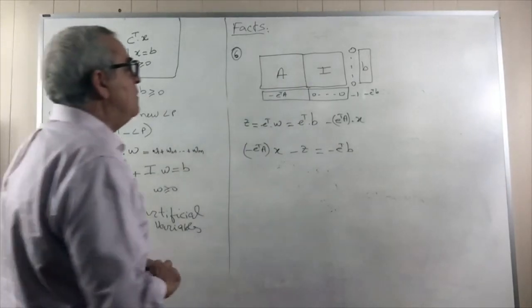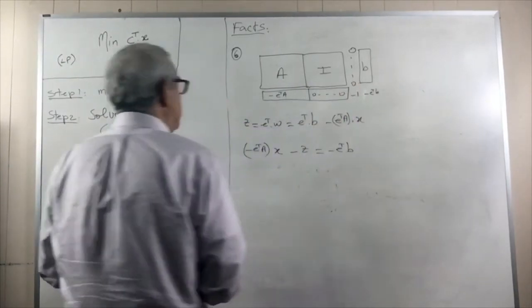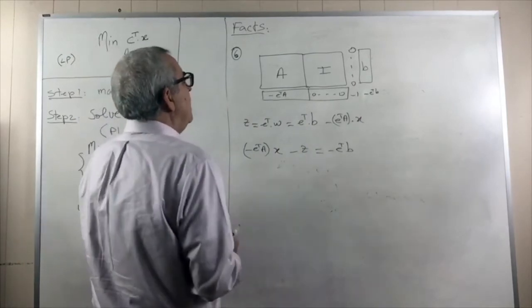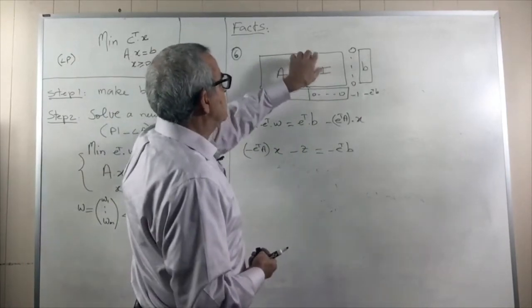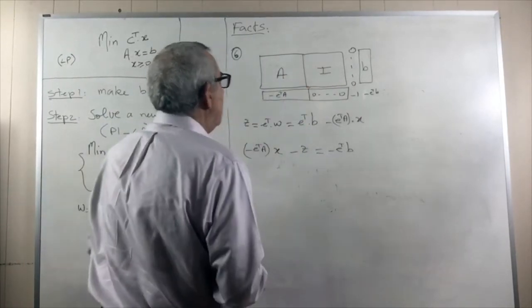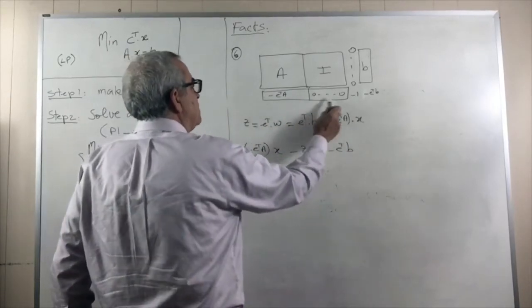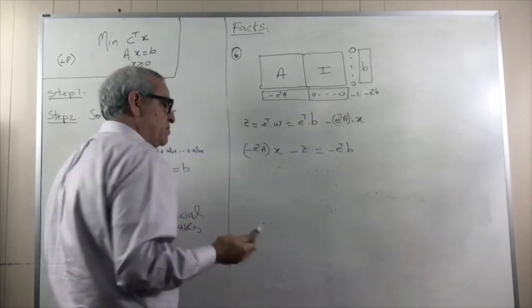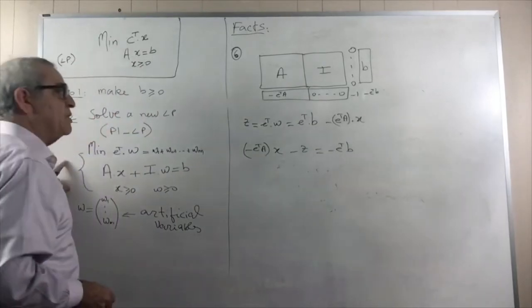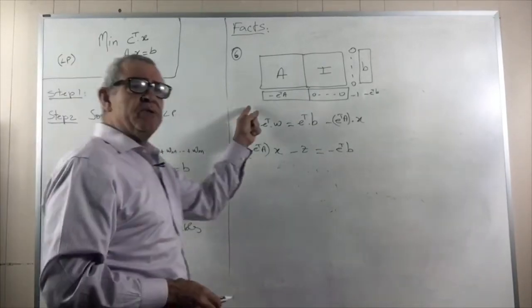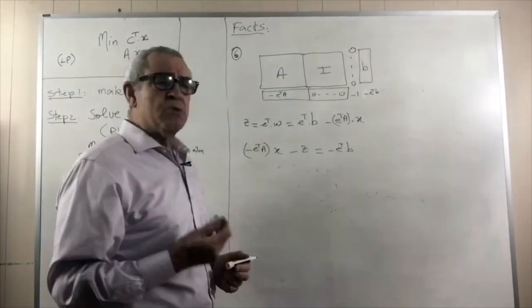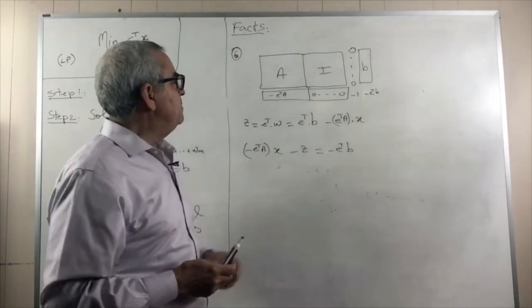Why? Because, first of all, B was greater or equal to 0; we took care of that. And here I have the identity matrix, right here, and in my objective function I have 0 under the identity matrix. So this is a valid simplex tableau, and we could start from it and use the simplex algorithm to solve this problem.